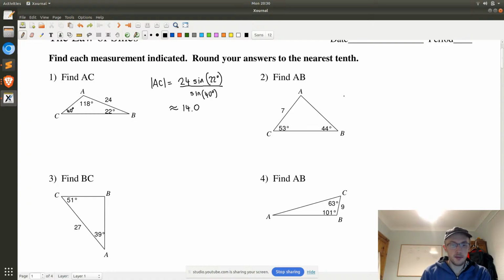Next up, find AB. Well, the length of AB will be this.